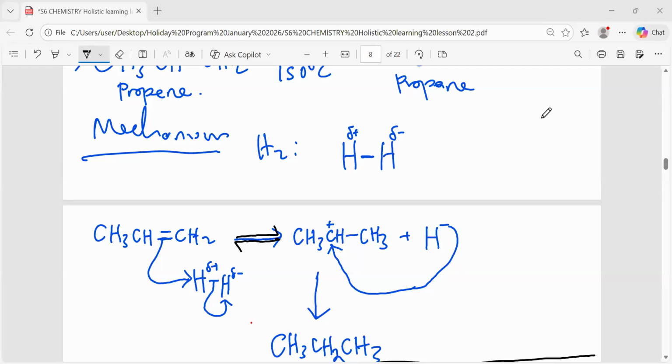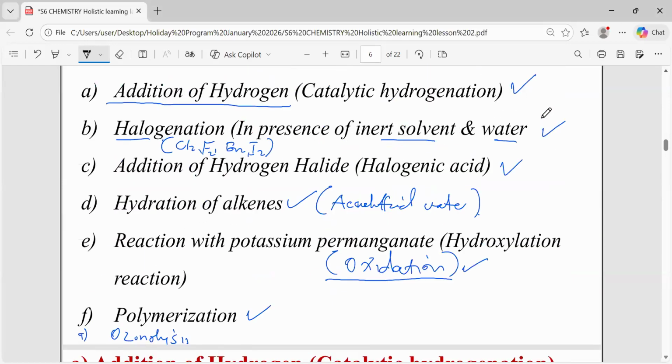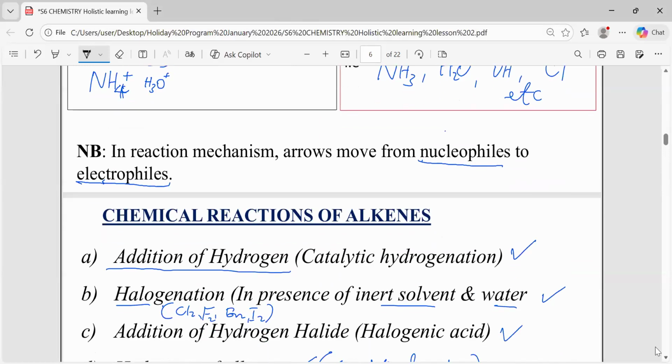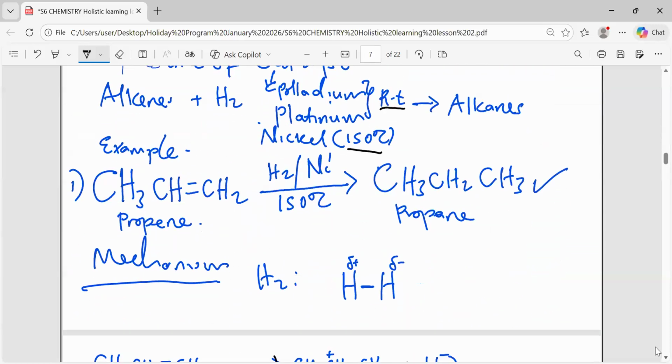You recall it was our NB here where we said that in the reaction mechanism, arrows should move from a nucleophile, electron rich, to an electrophile, which is electron deficient. Are we clear there?